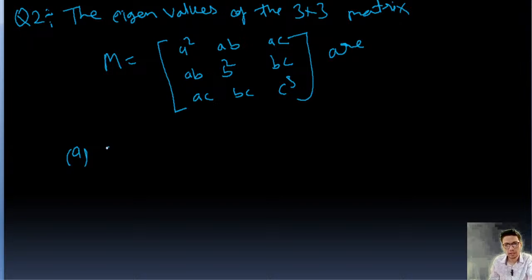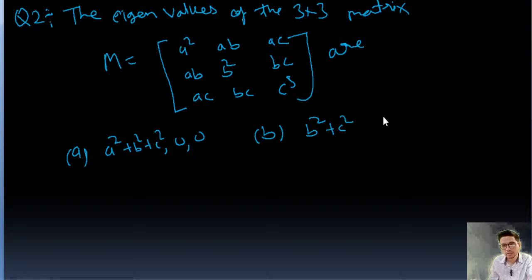Option A is A square plus B square plus C square, comma 0, comma 0. Option B is B square plus C square, comma A square, comma 0.